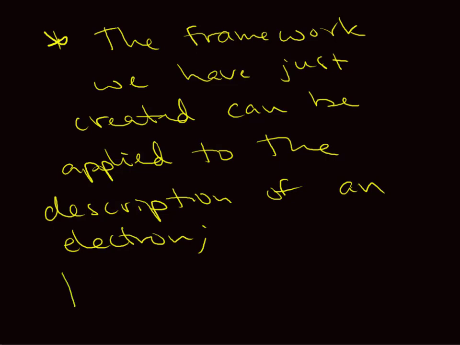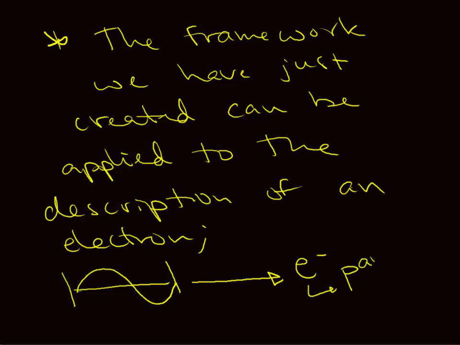The same type of mathematical equations which describe a vibrating guitar string in its normal modes are now going to be used to describe the behavior of an electron, but now an electron can be known as a particle wave. And we'll get into that in our next video.